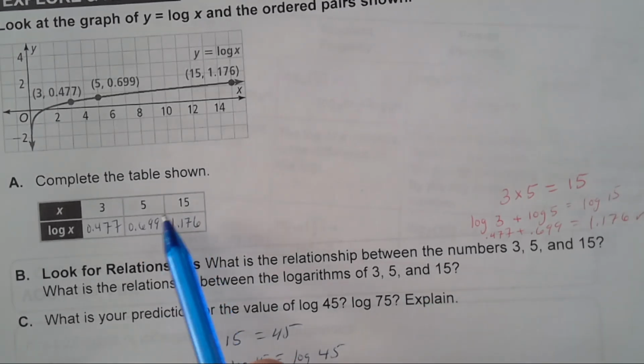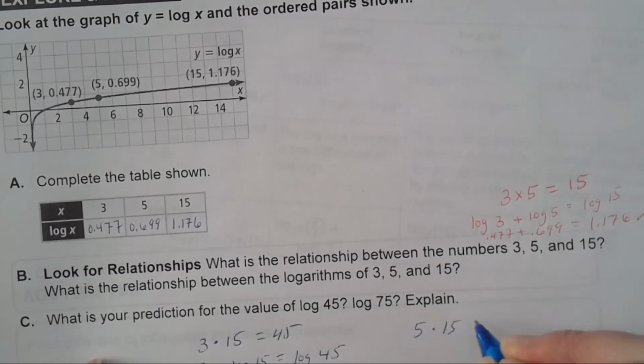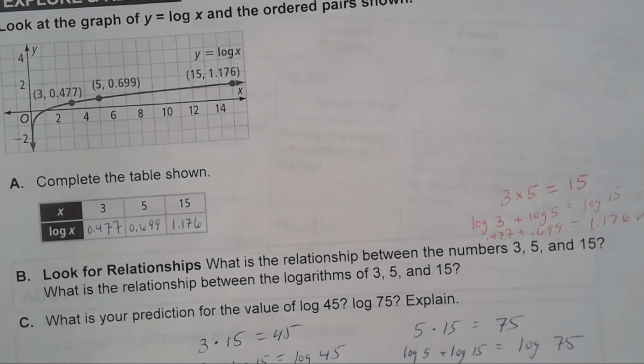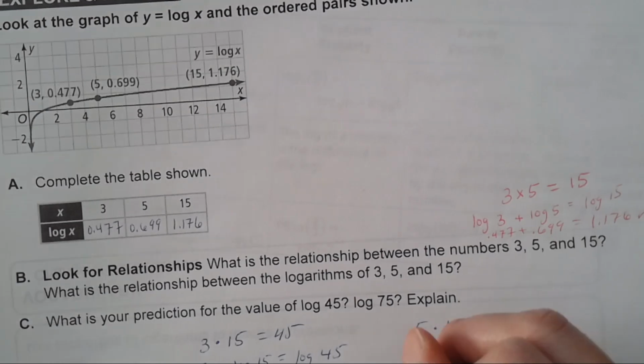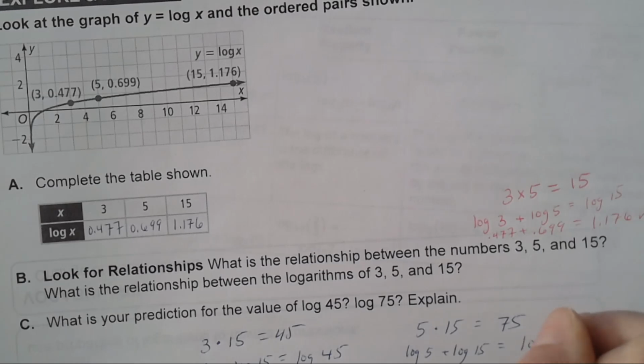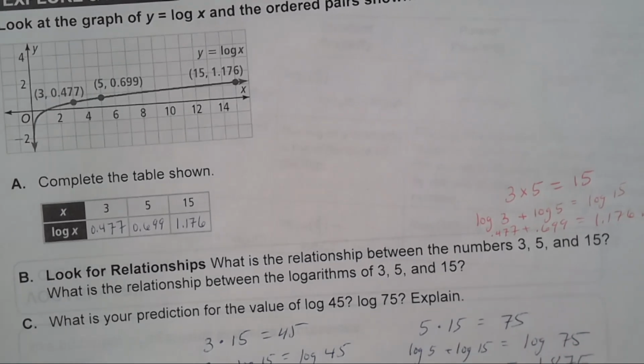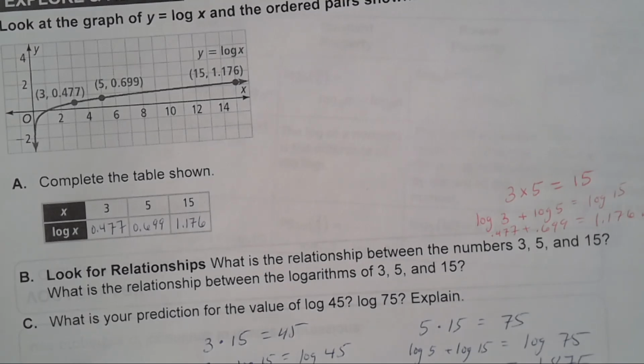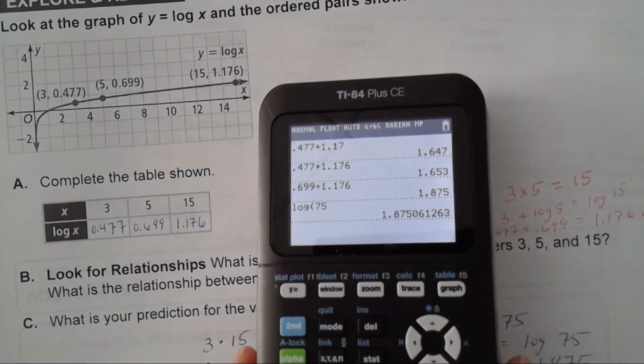Then I would take 5 times 15, and so the log of 5 plus the log of 15 should give me the log of 75. And so we have 0.699 plus 1.176, which is about 1.875. Now if I actually type that in, that is what I actually get.